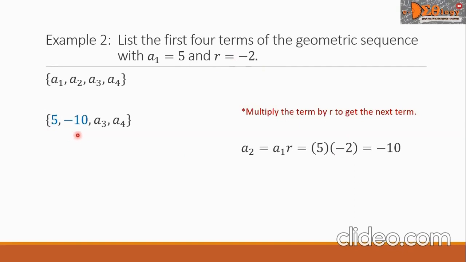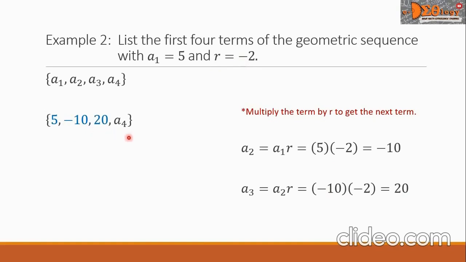Now let us find a sub 3. Simply we will multiply this negative 10 to the negative 2, and that is positive 20. Let us substitute the value 20 for a sub 3.